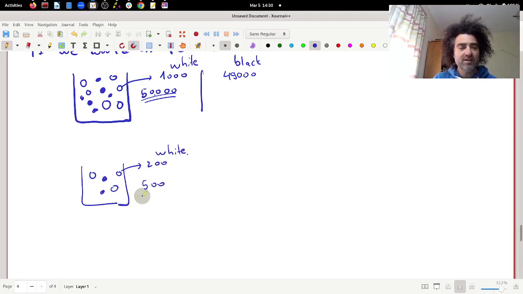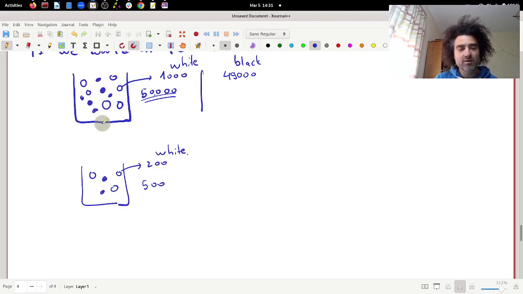Now if the null is correct, it means that we closed our eyes and we just randomly picked 500 balls from inside here. And then we saw them, and we saw that 200 of them are white. And we want exactly to evaluate how possible is this to happen by chance. By chance meaning that we just close our eyes and we get randomly 500 balls from here.